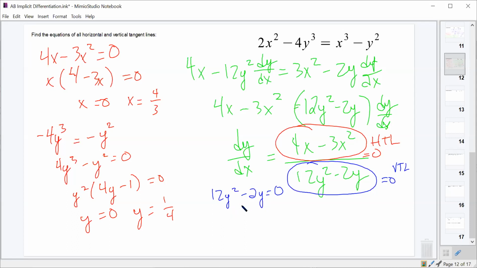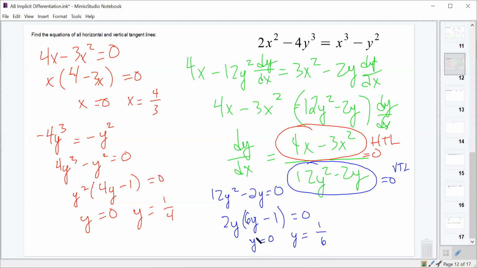That would occur if we take out the 2y times 6y minus 1, so at y equals 0 and at y equals 1/6. True? All right, cool. Remember, we still have to do the x equals 4/3 part on that top one too. We didn't get around to that yet, but we'll do that too.